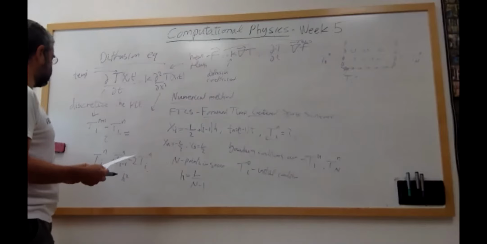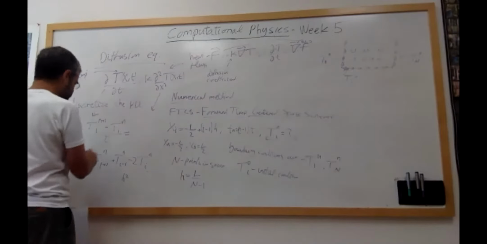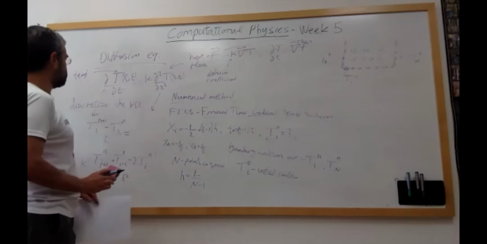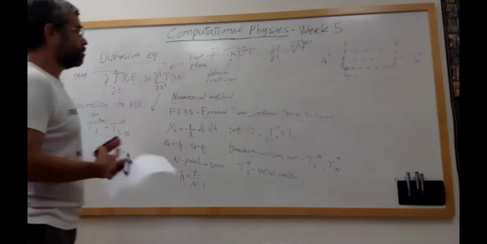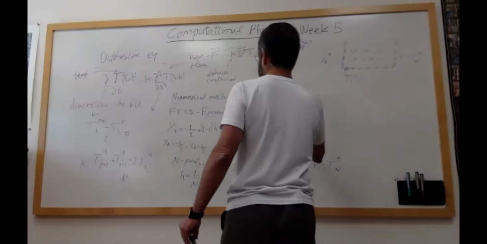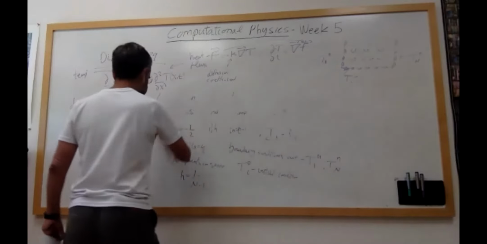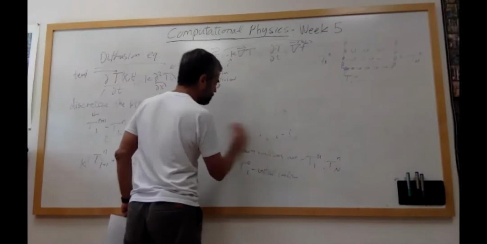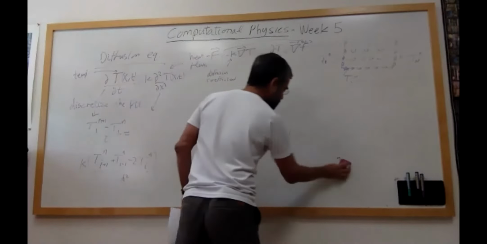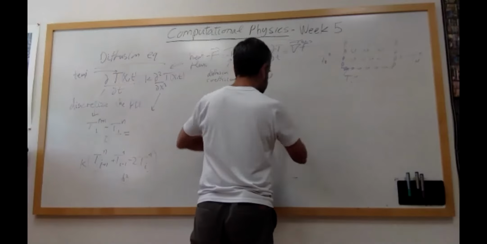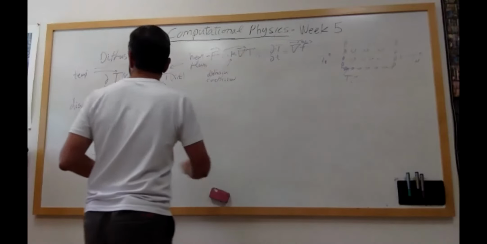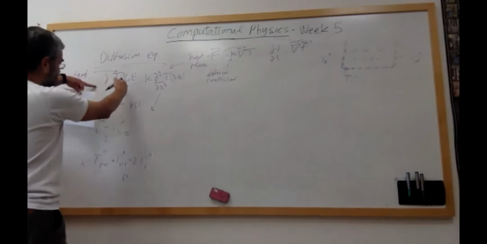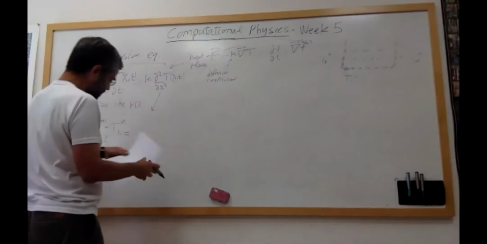So this is what we have on the right-hand side. So the scheme now, okay. Basically what we have here, this is on the left-hand side, this is on the right-hand side.